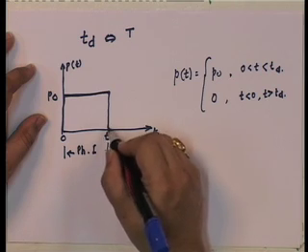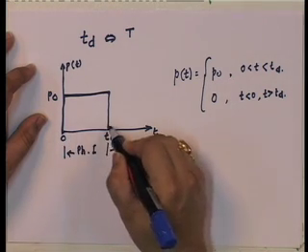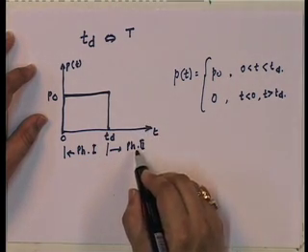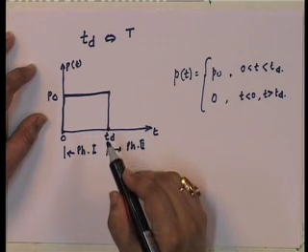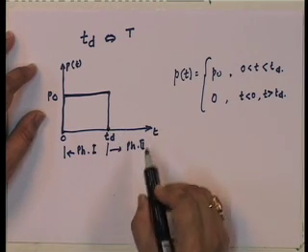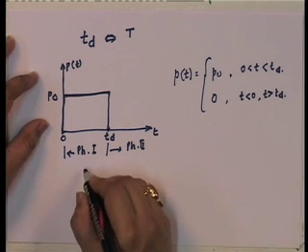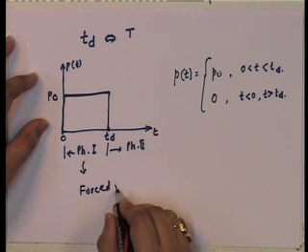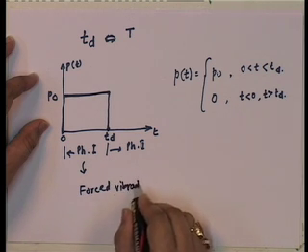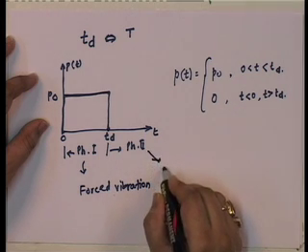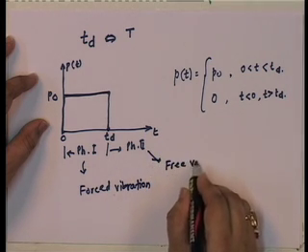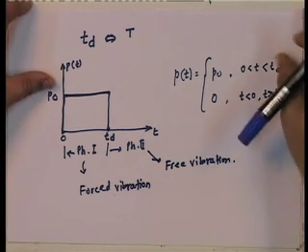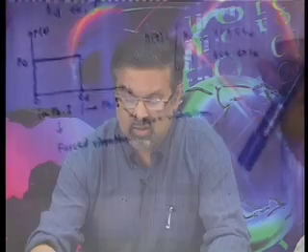Phase 1 is the period when the loading is non-zero, a forced vibration phase, and phase 2 is after the duration of the load, what is known as the free vibration phase.